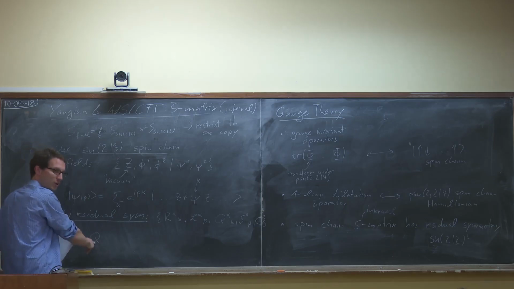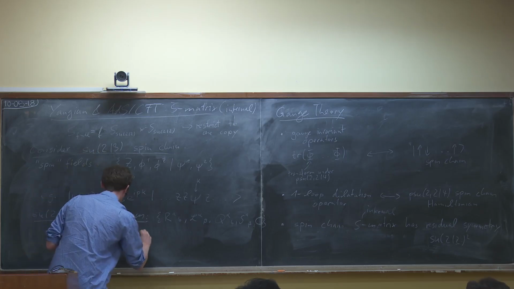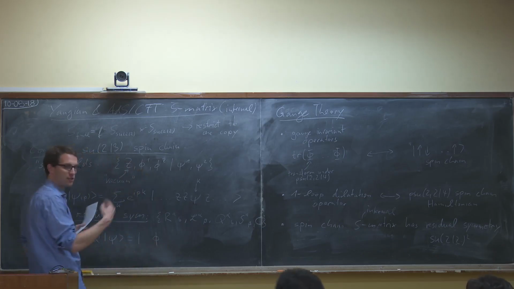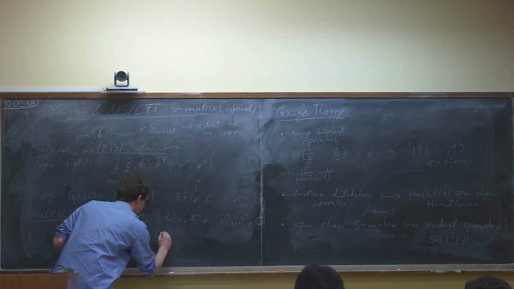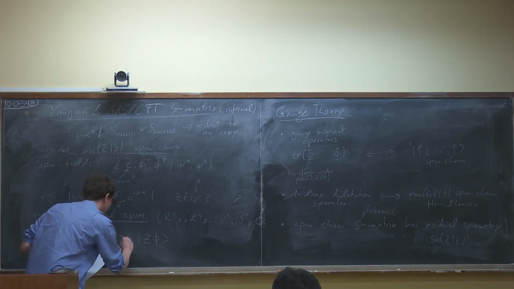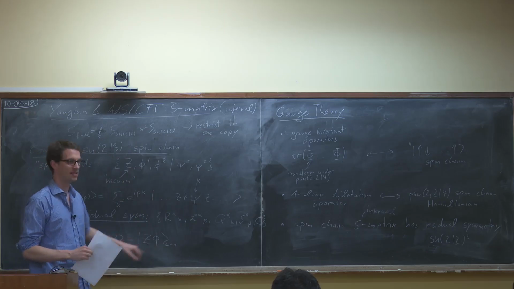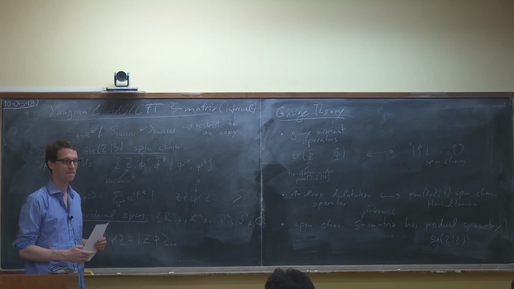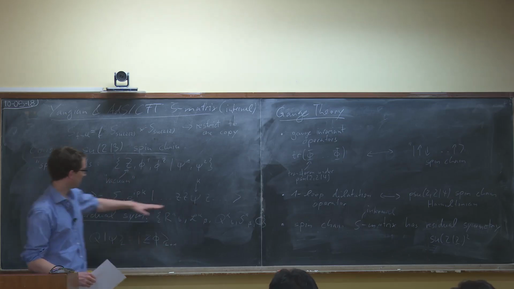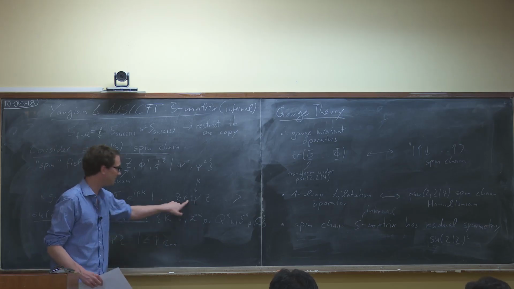So if you act with a supercharge Q on an excitation psi, then this can turn into an excitation phi. But this operator will insert an extra vacuum field Z. So if this is a spin chain of length L, then this would be a chain of length L plus 1 because of this additional Z. So what I mean here is I act on this thing, and now my Q turns the psi into a phi and adds an extra Z here.